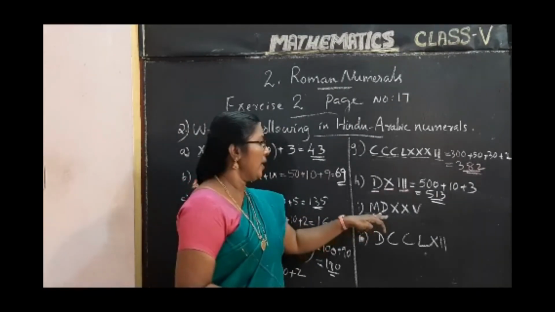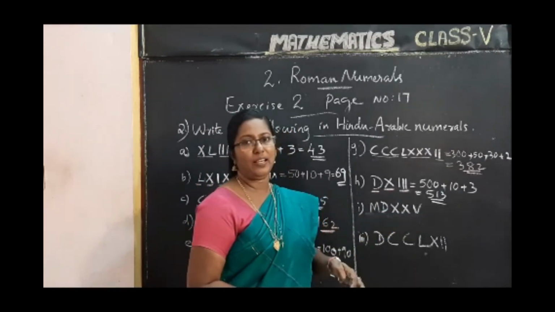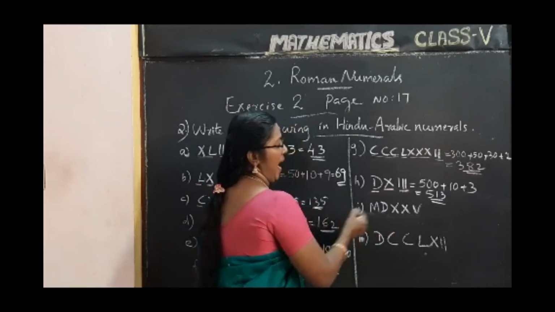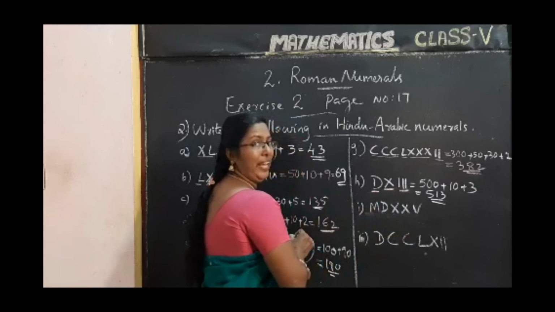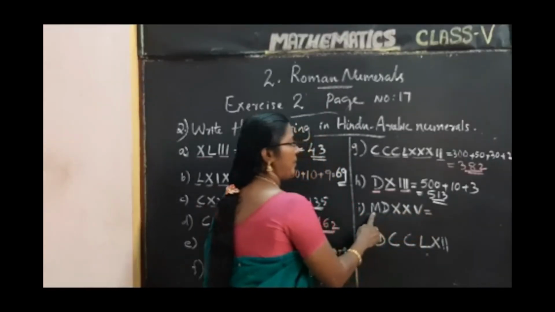The next one. The symbols are M, D, X, X, V. Here M is greater than D and D is greater than X. So we can add. Here M denotes what? 1000.